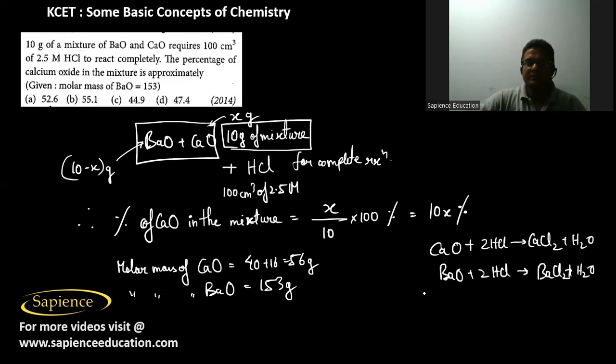So therefore, we can say the number of moles of HCl required is twice the number of moles of calcium oxide plus twice the number of moles of barium oxide.